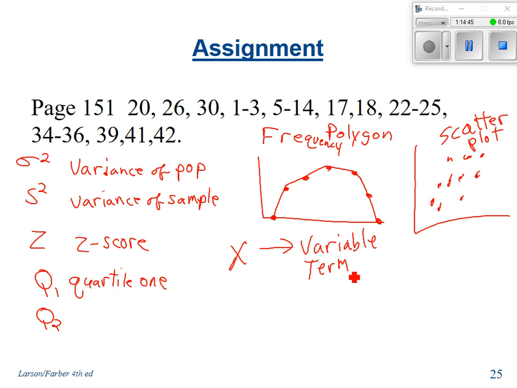Oh, I guess frequency would be the F? Yeah. So what's this symbol? Frequency.